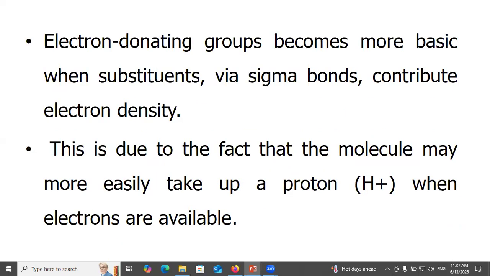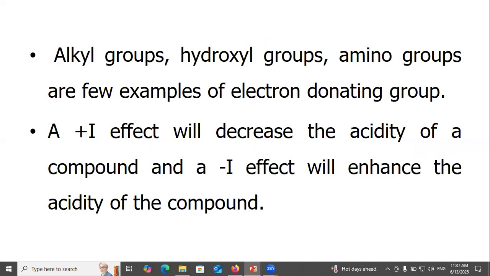Electron donating groups become more basic when substituents by sigma bonds contribute electron density. This is due to the fact that the molecule may more easily take up a proton, as a proton acceptor, when electrons are available. Alkyl groups, hydroxyl groups, amino groups are a few examples of electron donating groups.